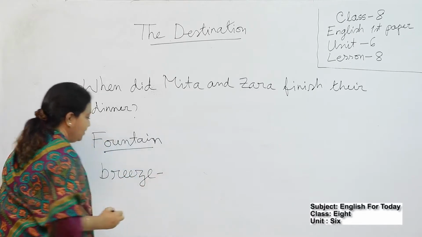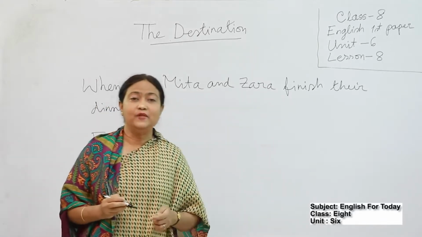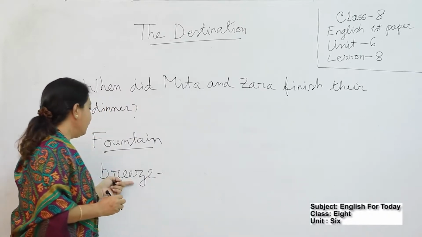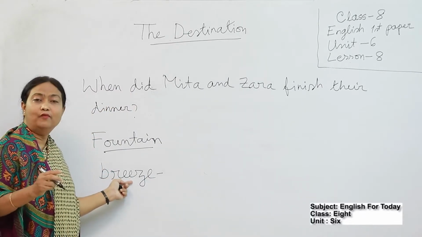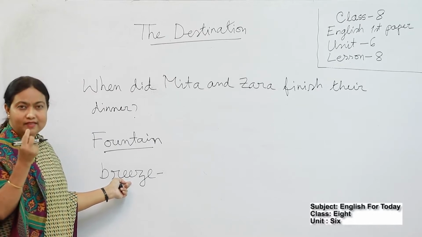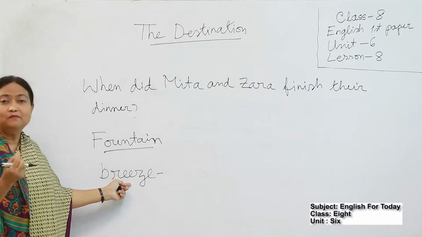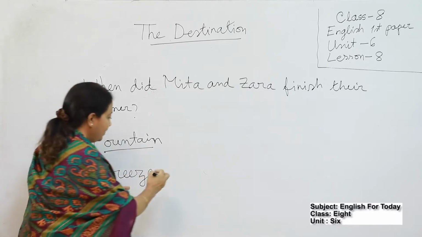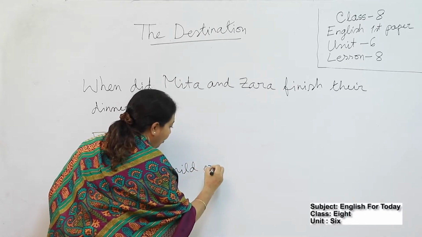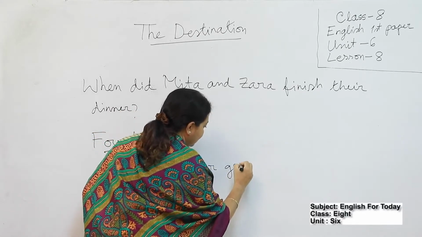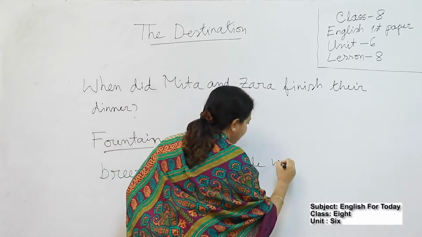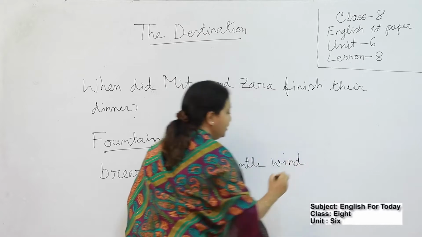Okay? Another word, breeze. What do you mean by breeze? Yes, breeze, we know some synonyms of breeze, air, wind, but there is some difference. What is the difference? Breeze means mild or gentle wind.